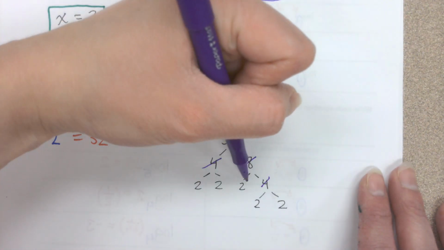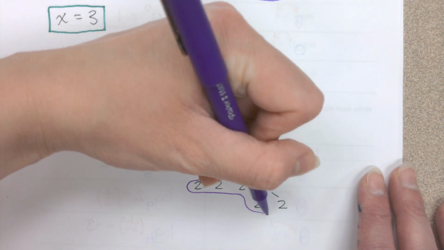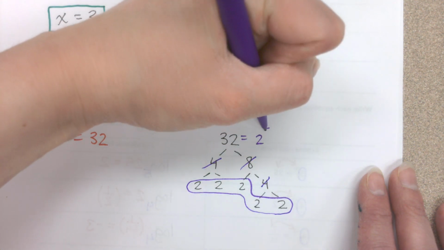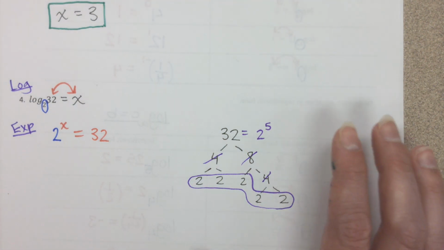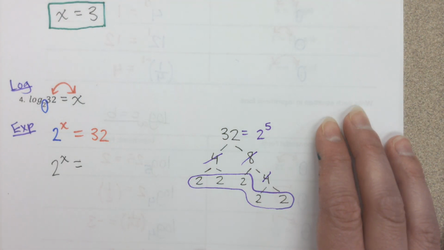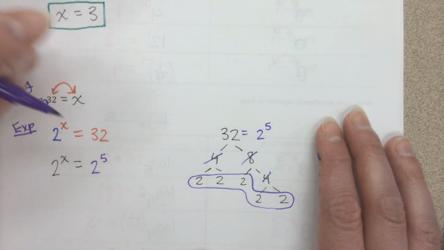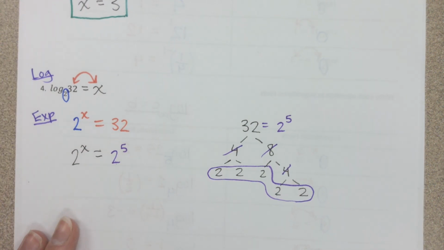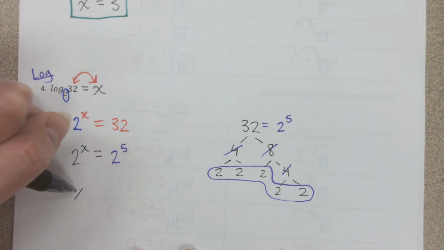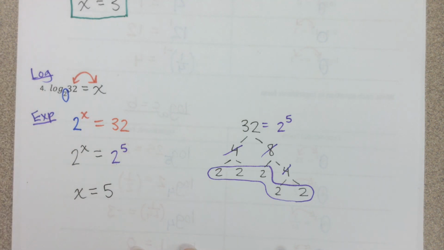And we are left with 5 2's. So that means 32 is actually just 2 to the 5th. Replacing, we have 2 to the x is equal to 2 to the 5th. Bases are equal, so are the exponents. X is actually just 5.